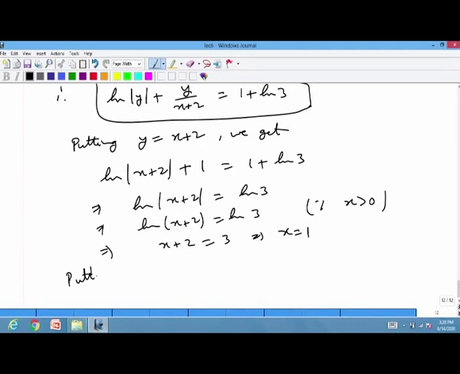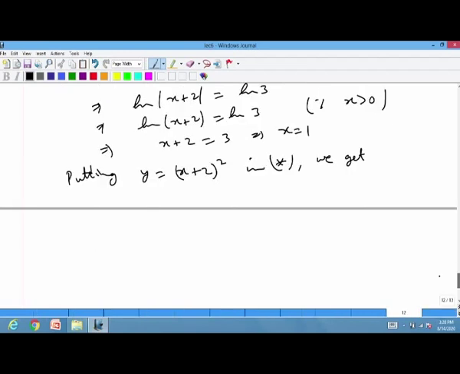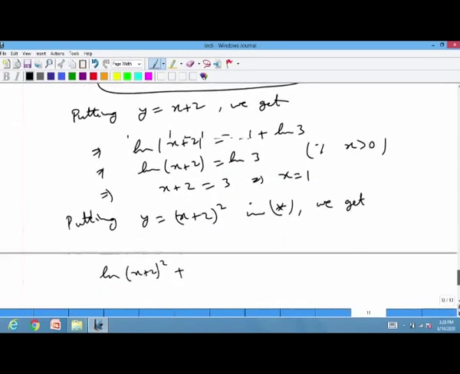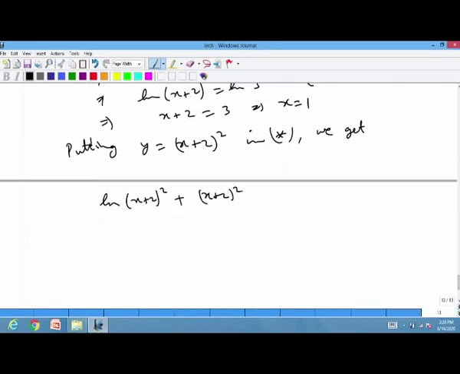So putting y = (x+2)^2 in equation star, we get log((x+2)^2) + (x+2)^2/(x+2) = 1 + log 3, which is the same as 2 log(x+2) + x+2 = 1 + log 3. So we have to see whether there exists any x for which this happens or not.